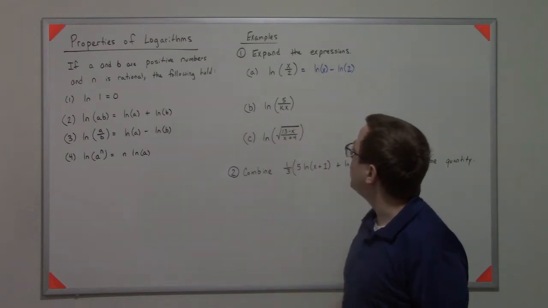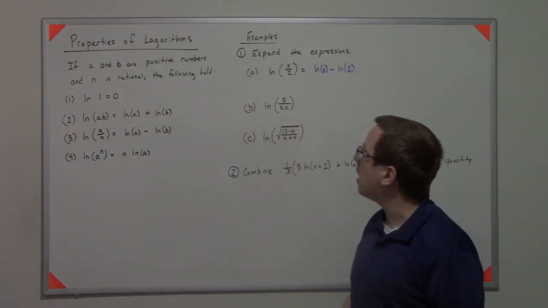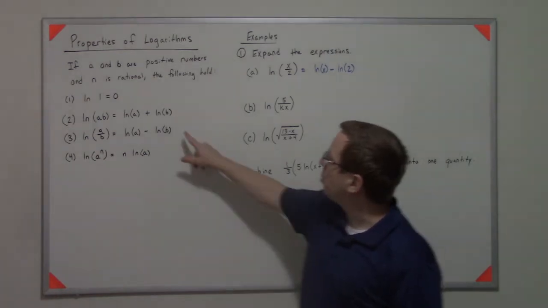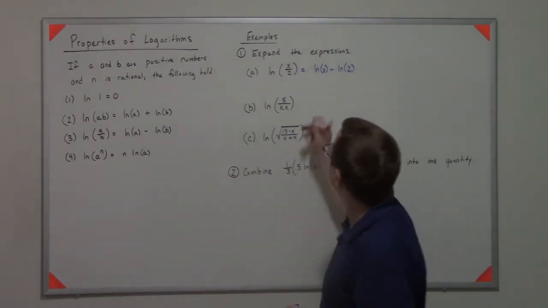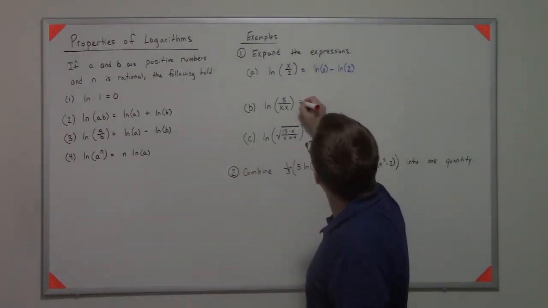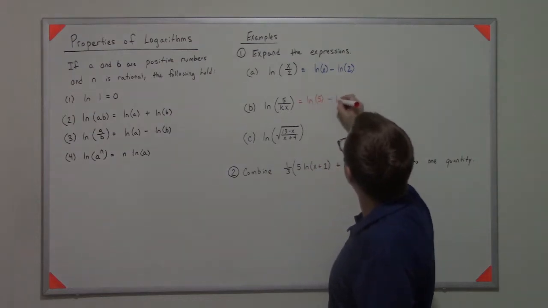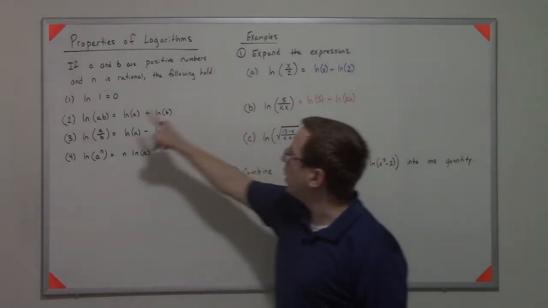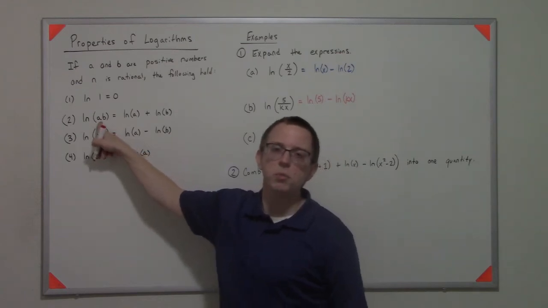The second one is natural log of 5 over kx. So I'm going to need to apply property 3. So that's natural log 5 minus natural log kx. But then I can say, oh, okay, I have property 2. Those are two things multiplied together.